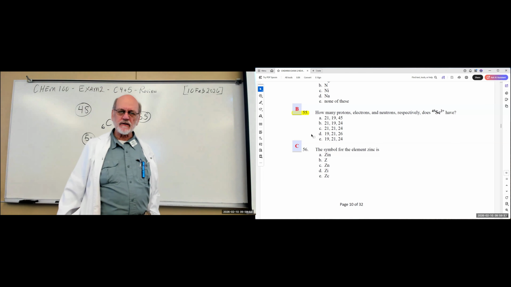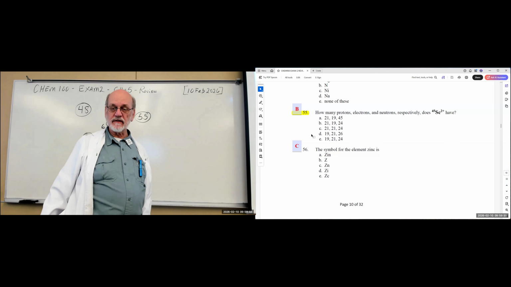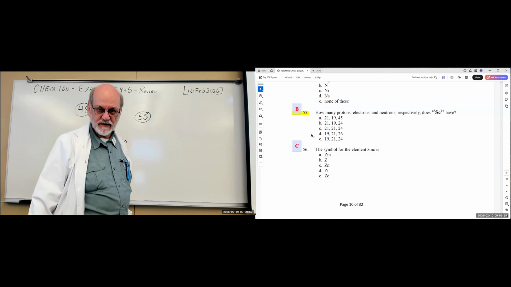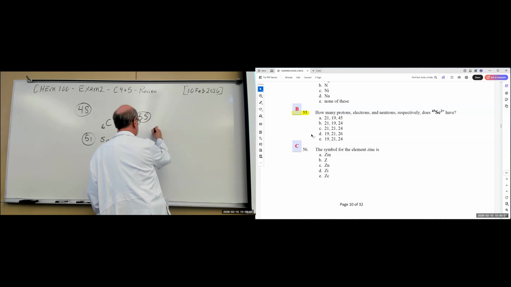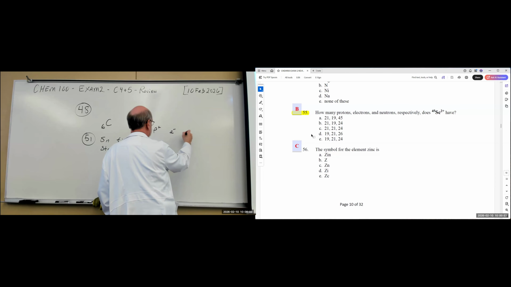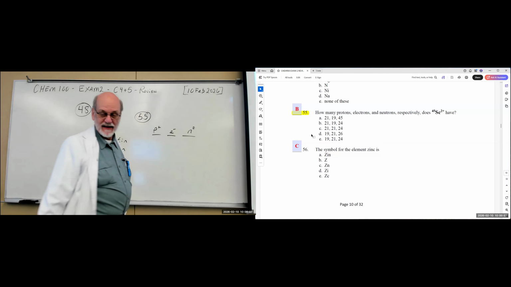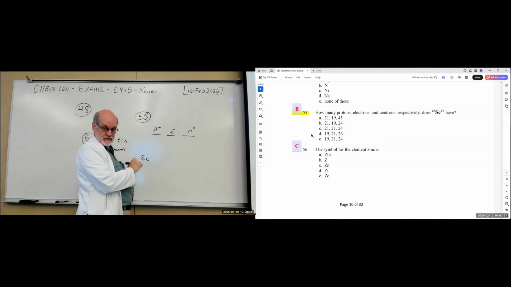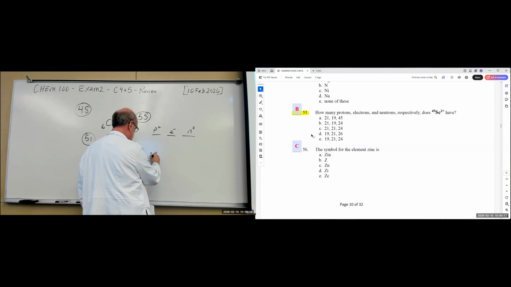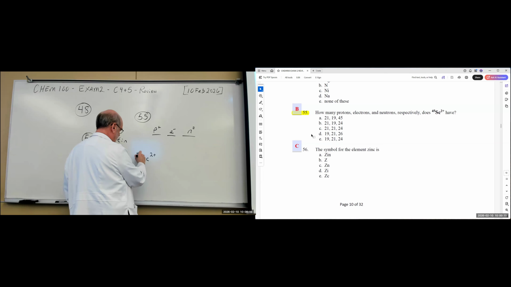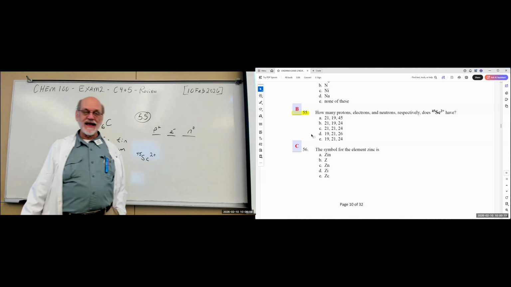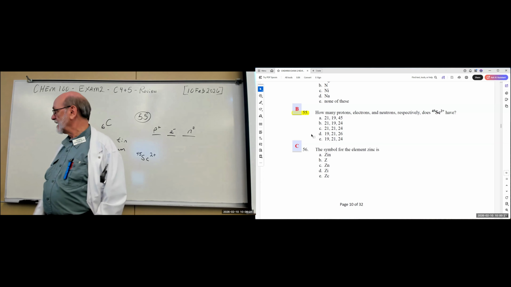How many protons, electrons, and neutrons, respectively, does this ion have? Protons, electrons, neutrons. Okay? And the symbol is Sc with a 2+ charge and a mass number of 45. What is that? Sc is scandium.